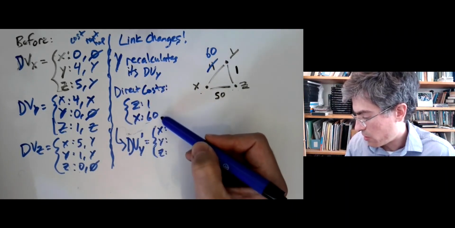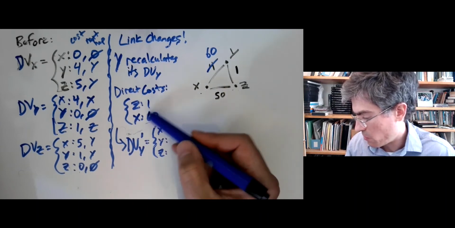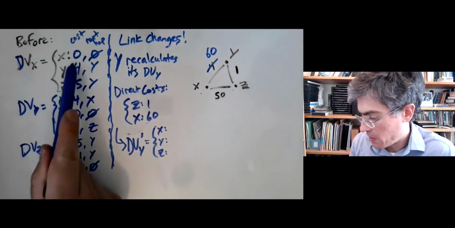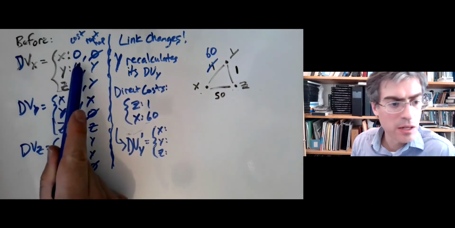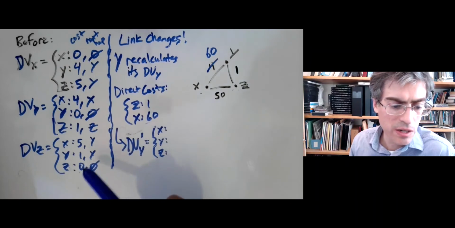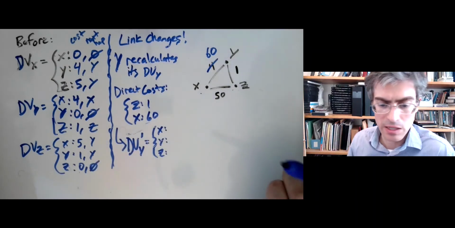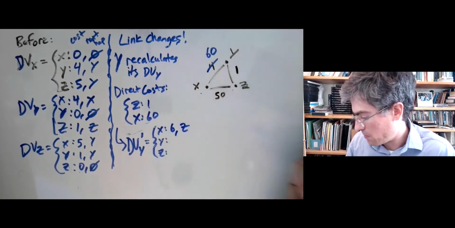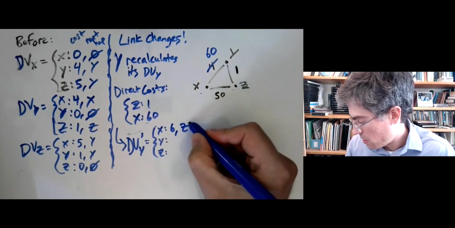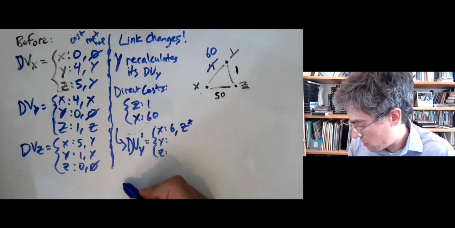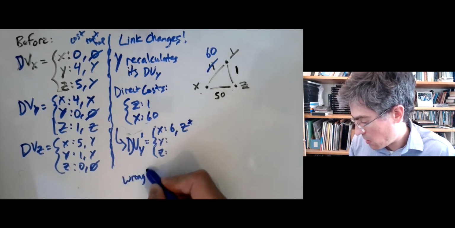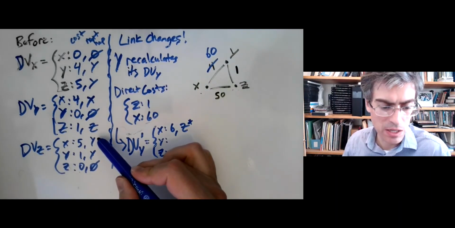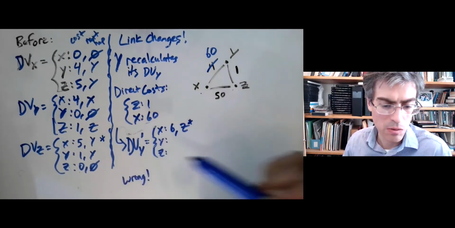The other choice is to go through X, this other neighbor. The cost is 60 for that first hop, plus 0, because dvx sub X is 0. So the choices are either 60 or 6. The minimum of that is 6, right? So the cost is 6, and the choice we made was to go through Z. Of course, that's wrong. The reason we got this wrong is because it's based on this information here, which is out of date.